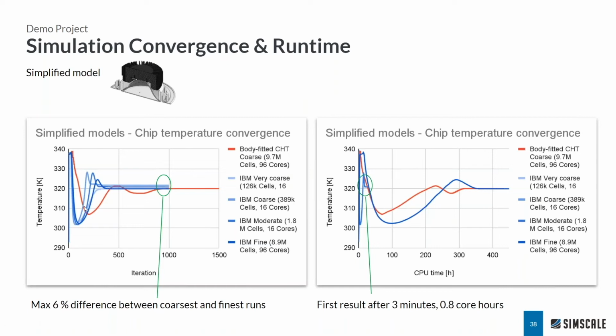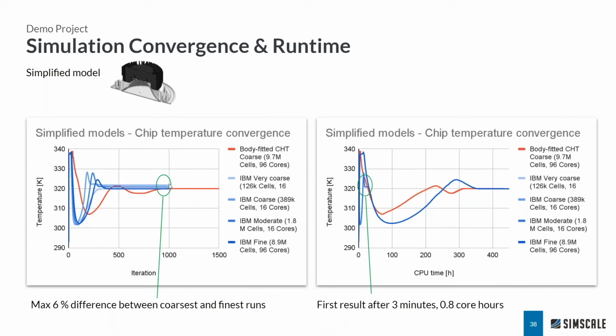What you can see here is all the blue lines are the convergence plot, based on iterations, of the temperature of the chip for the IBM solution, and you have in red the body-fitted solution. The body-fitted solution goes a little bit further because it was not fully converged, or at least we couldn't judge at that point at 1,000 iterations, while the IBM solution was already fully done. So that's why this extends a bit.